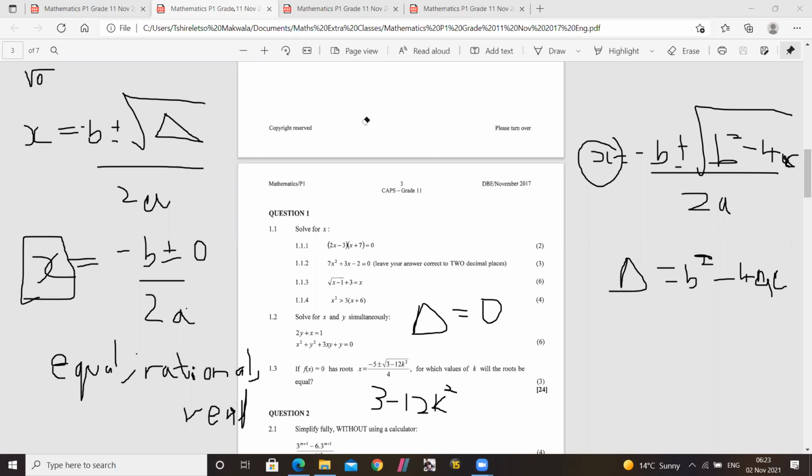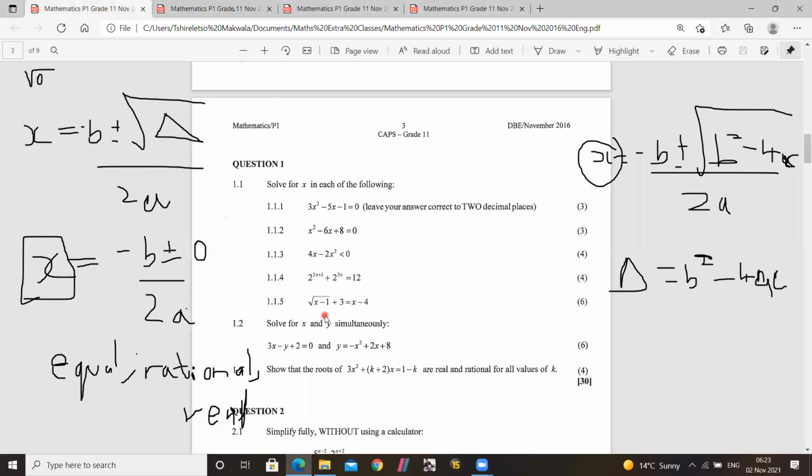You can just make an explanation. Then obviously, what is delta? Delta is whatever is under this root. So this must be equal to 0. Then you just solve for k, and then you have your answer. This is how you're going to approach this one. So when they say equal roots, they mean the value for delta must be 0, because that's the only way you're going to get equal roots, equal x-intercepts.